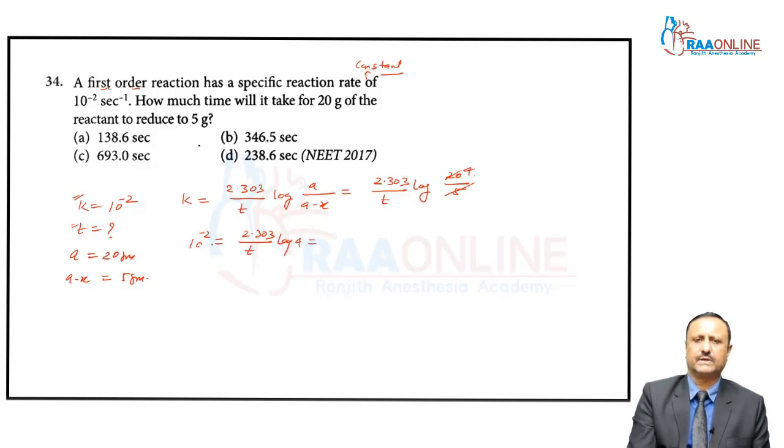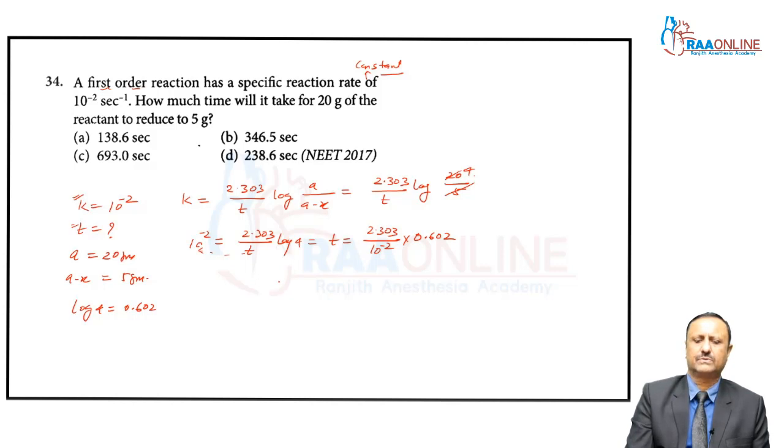Now, my dear students, T goes to the other side, so you can write T is equal to 2.303 upon 10 to the power minus 2, and log 4, my dear students, log 4 is equal to 0.602. You can put the value of 0.602 here.